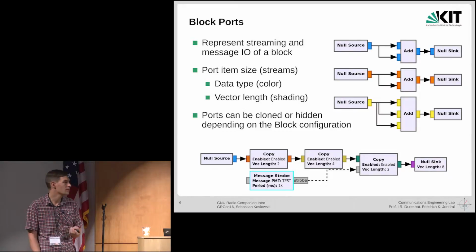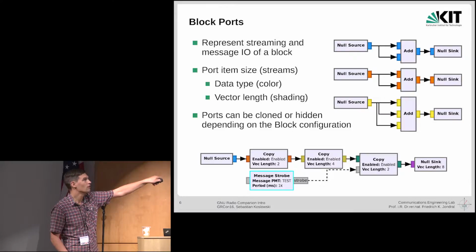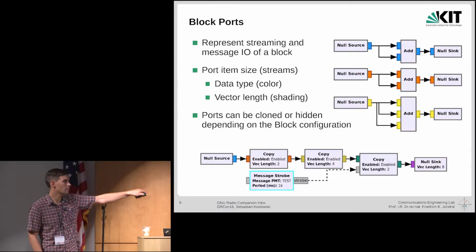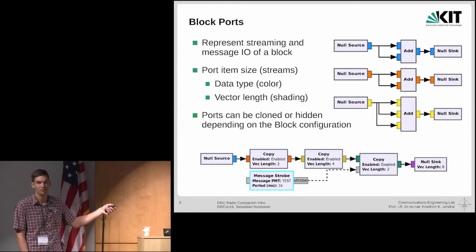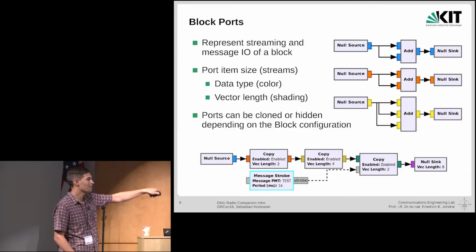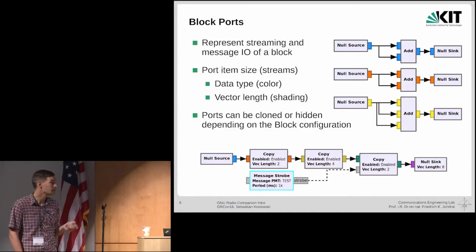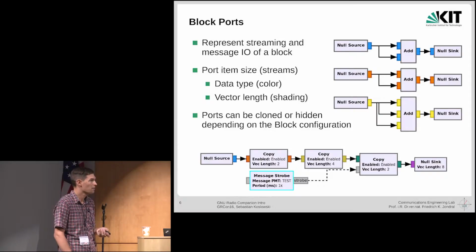The underlying radio application only requires that the item size matches, and this is the product of those two. So this part down here is a completely valid but obviously useless flow graph, which generates nothing and copies it, but casting into different types. It all works as long as the item size matches.